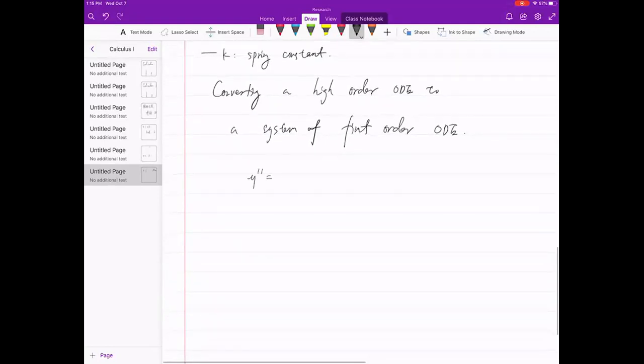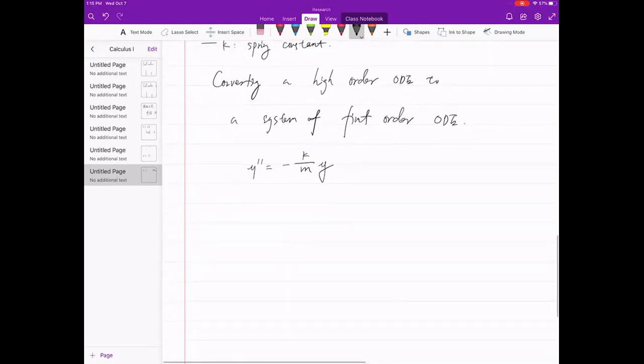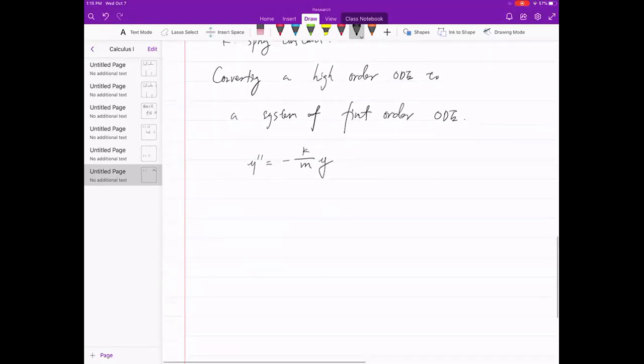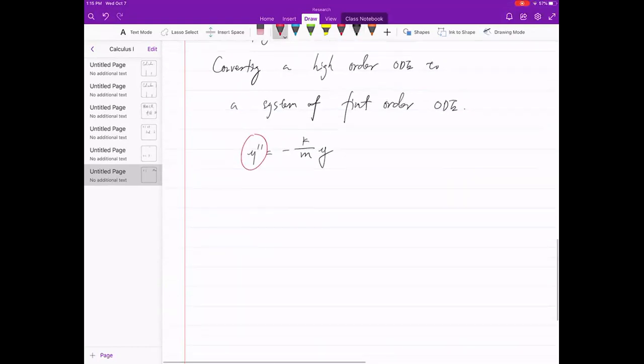You start with this one. Now what you want to do is, you don't like this second derivative. Then what you can do is define a new variable. In this case, it's the velocity. You can call it v, equal to y prime.